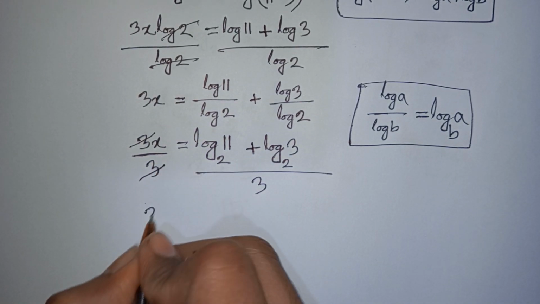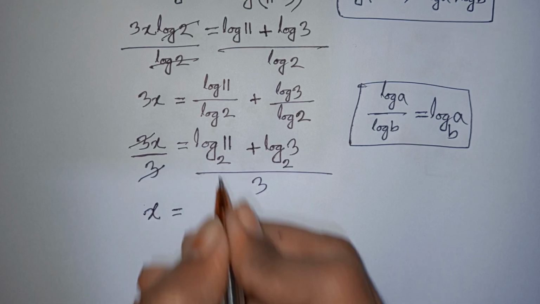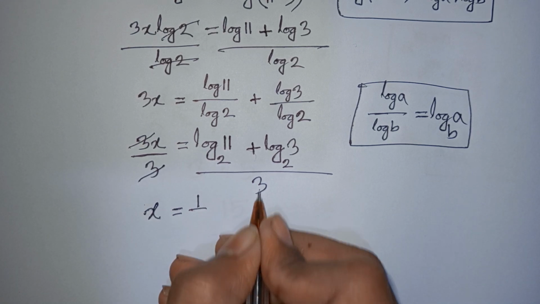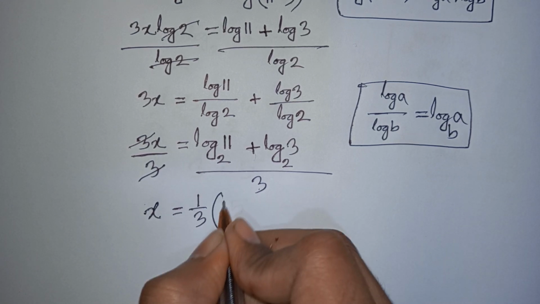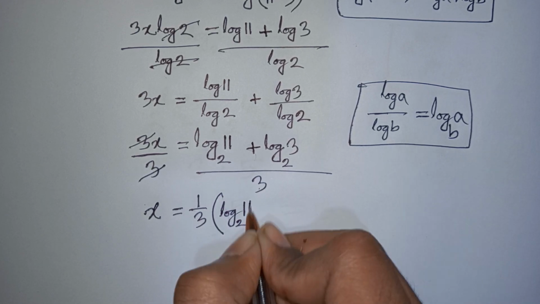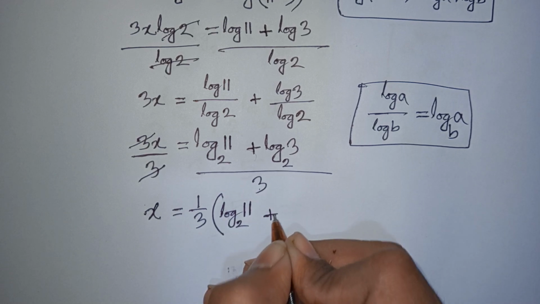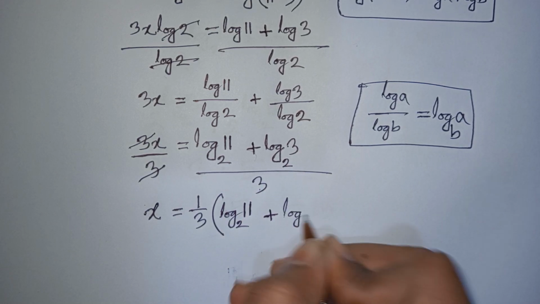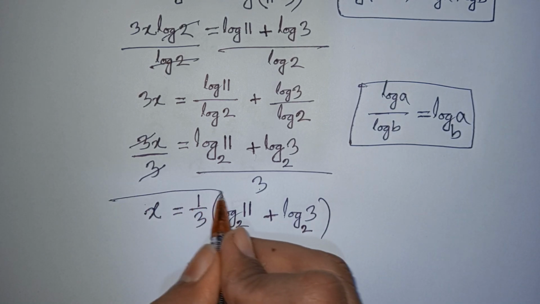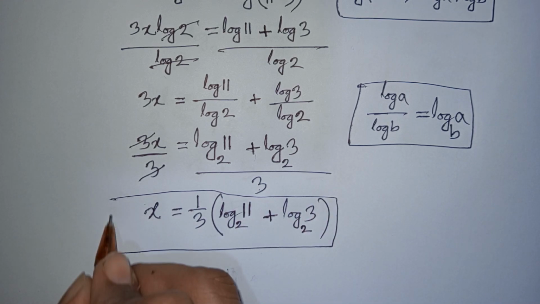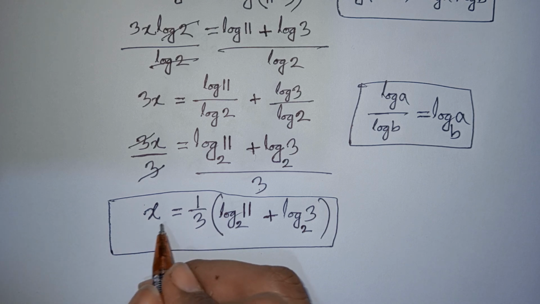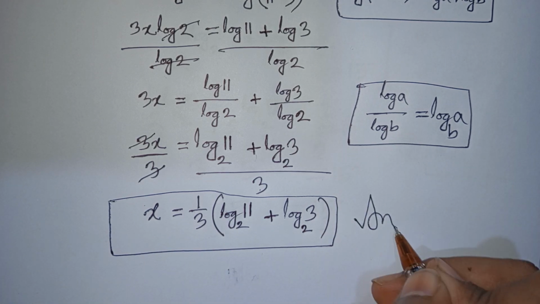So, x will be equal to 1 over 3 multiplied by (log 11 base 2 plus log 3 base 2), bracket close. So, this is the value of x. This is our final answer.